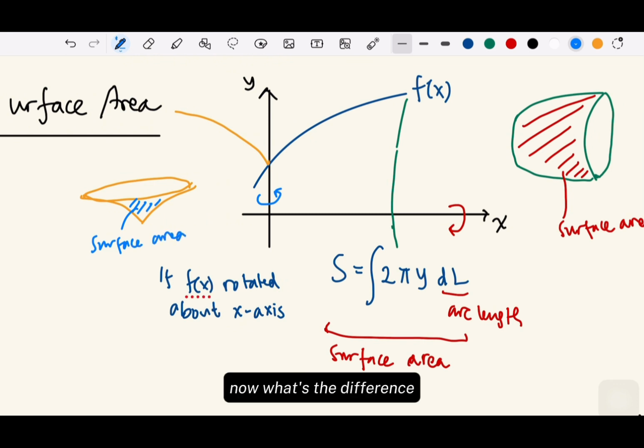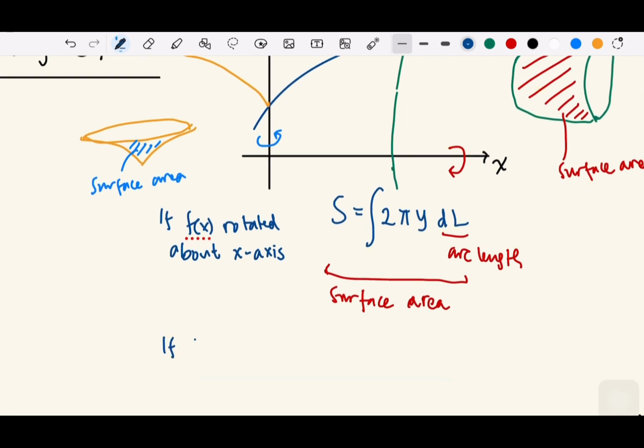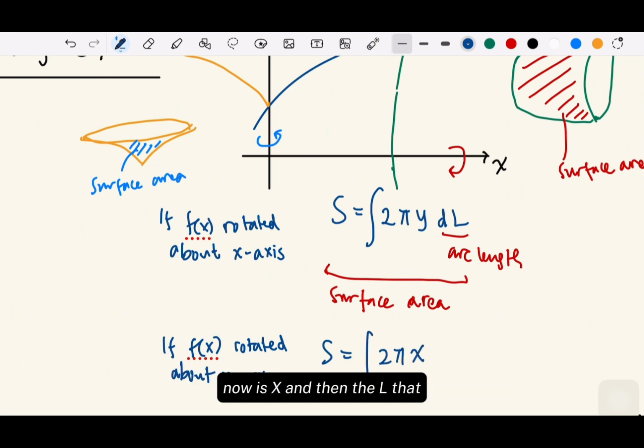Now what's the difference if we rotate about the y-axis? If f of x is rotated about the y-axis, the formulation will be the integral of 2 pi x dl.